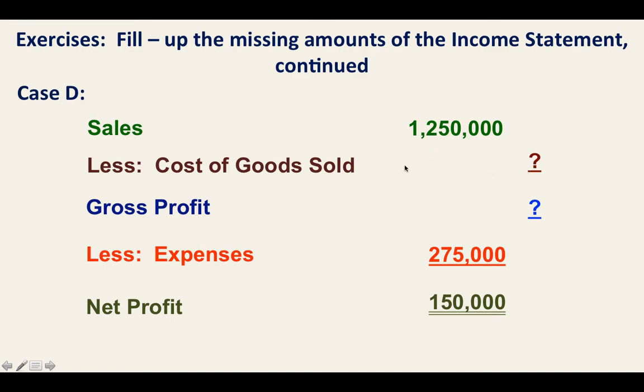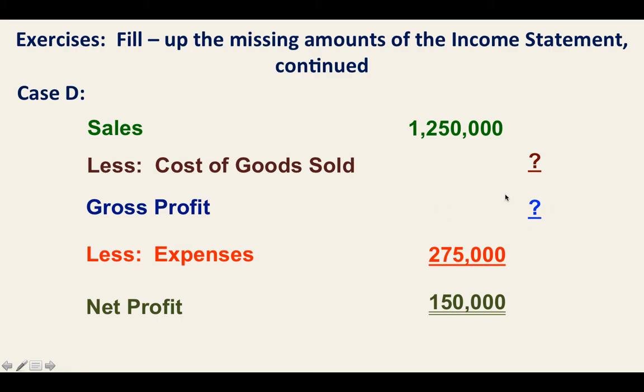So here you cannot compute cost of goods sold and gross profit because you have to have two numbers. You cannot compute cost of goods sold because gross profit is missing. You cannot compute gross profit because cost of goods sold is missing. So we will have to start here.